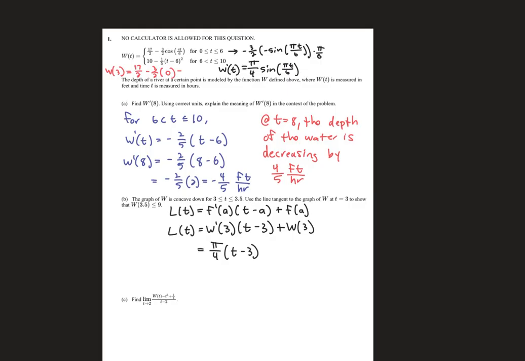So W of 3 just ends up being 17 over 2. Okay, so now let's plug in 3.5. This will be our approximation. So L of 3.5.